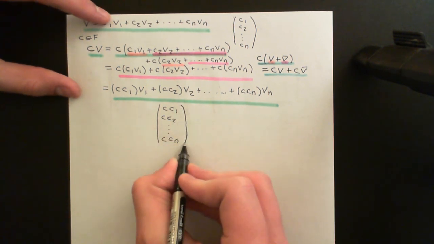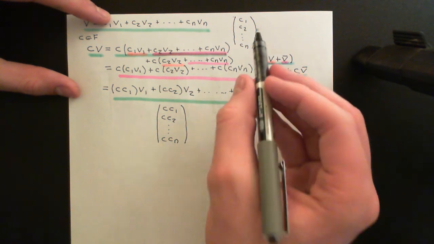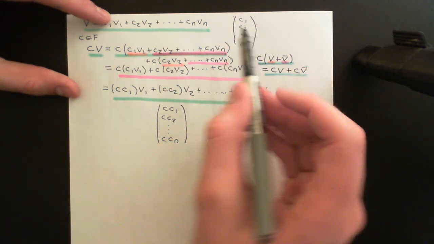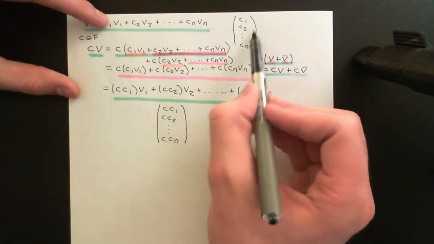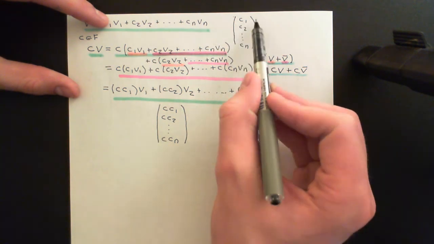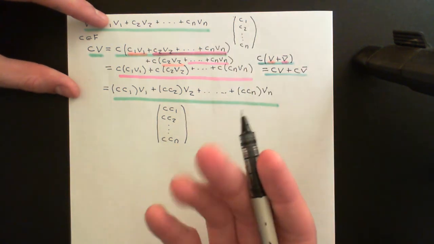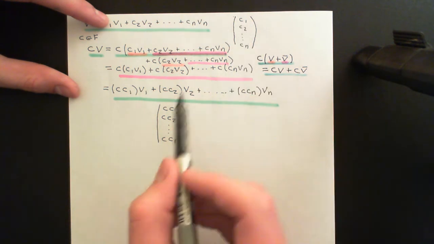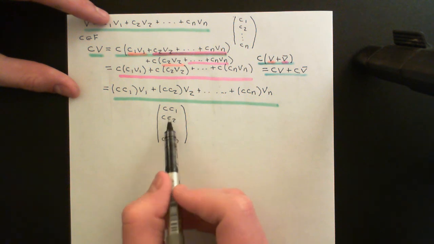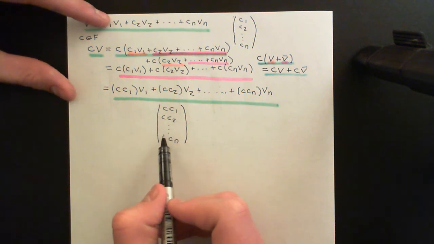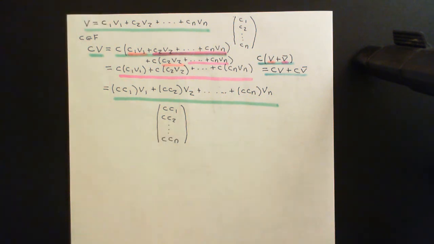Okay, and you can see that that's absolutely beautiful, because that means that if we want to scalar multiply a vector in our vector space, what you can do is write that vector as its coordinate vector with respect to our basis capital B, and then all you need to do is multiply all of the coordinates of the vector with respect to that basis by the scalar c, where that's just multiplication in the field.